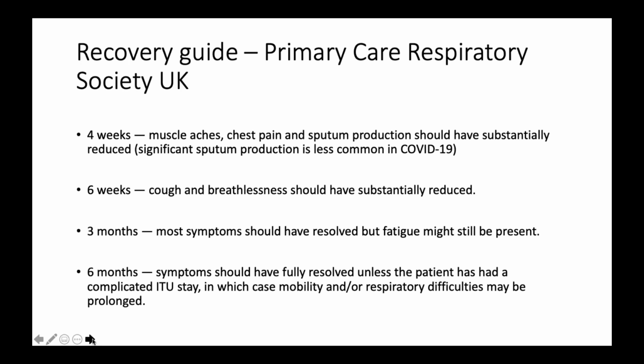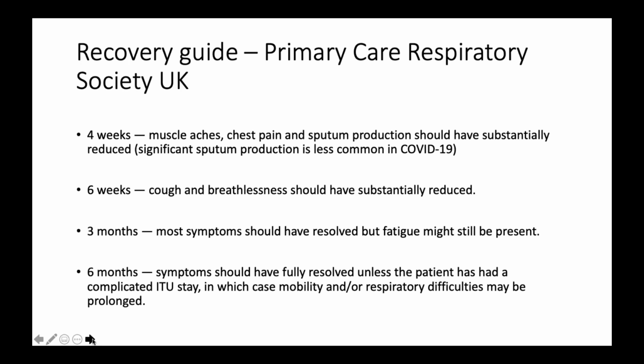Fatigue is likely to still be present, and in fact, there's a reasonable literature suggesting that fatigue can last 6 to 12 months in some people. And I think there's some literature suggesting that by 3 months, perhaps 2/3 of people will have resolved their symptoms, perhaps a bit more.